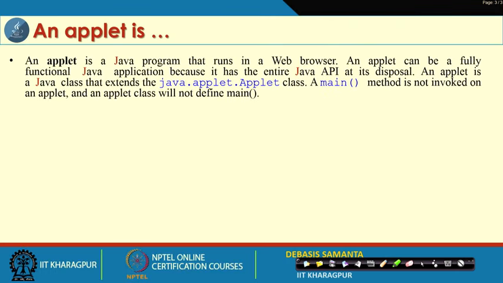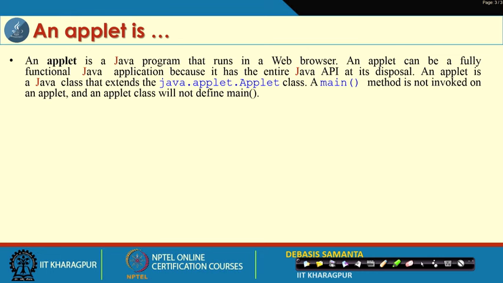We have to see that both applet and AWT programming, as I just mentioned, are graphics oriented programming, which is the main difference from the core programming. Now, what is the difference between applet programming and AWT programming?